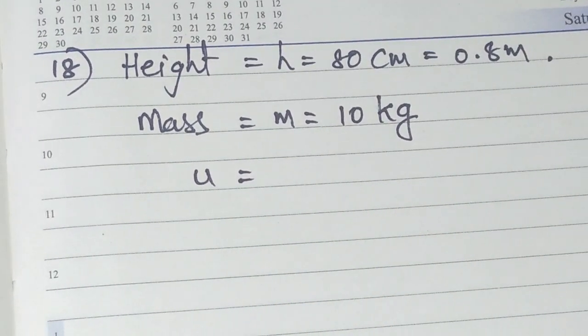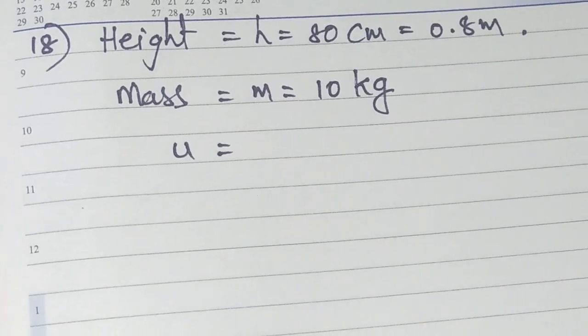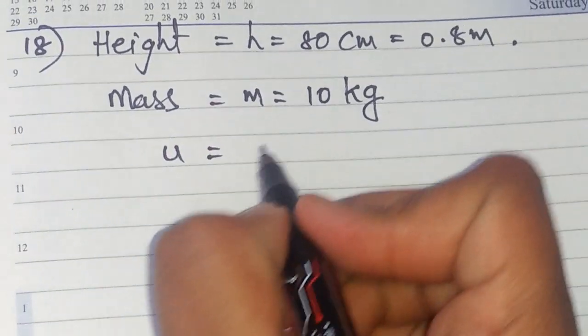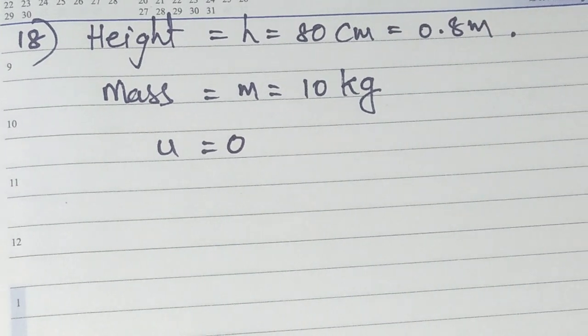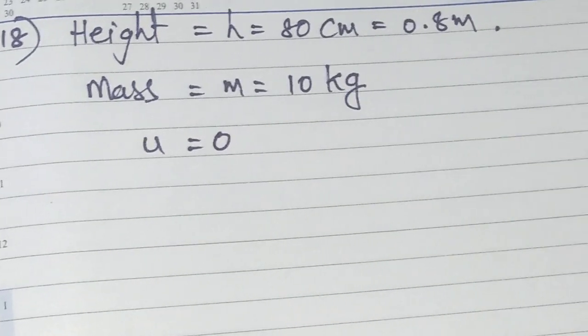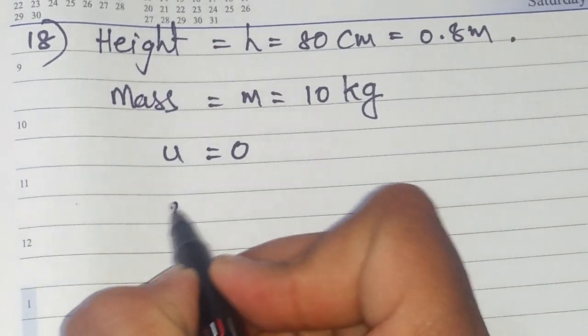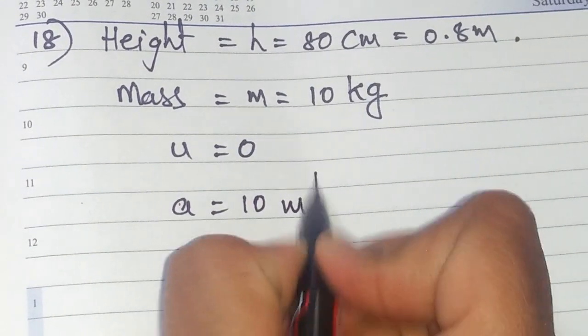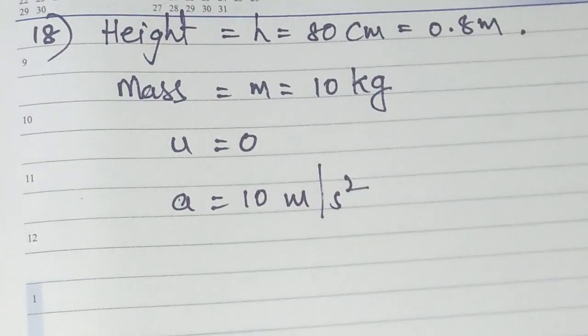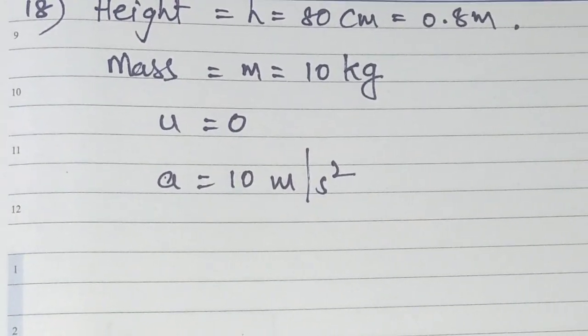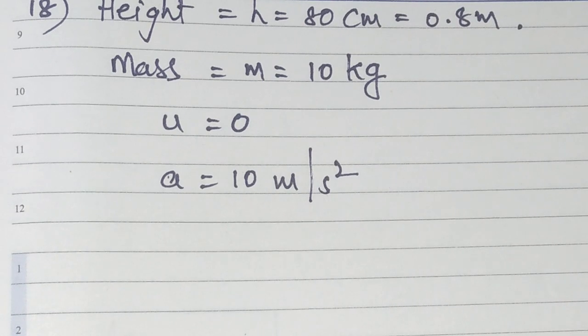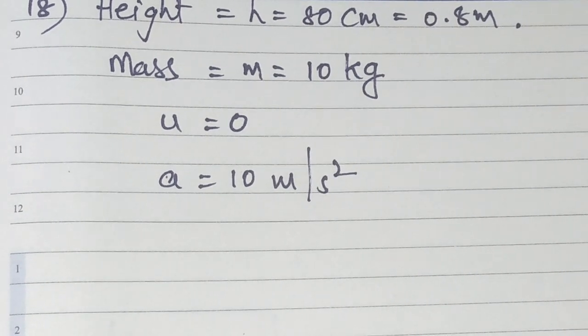Then what is the initial velocity? Whenever any body is falling from a height, at the starting it will have zero velocity, no? Initial velocity is 0 for the free falling object. Then what about acceleration? The acceleration value is also given: a is equal to 10 meters per second square. As it travels downwards, its velocity is going to increase, so positive acceleration only will be there.